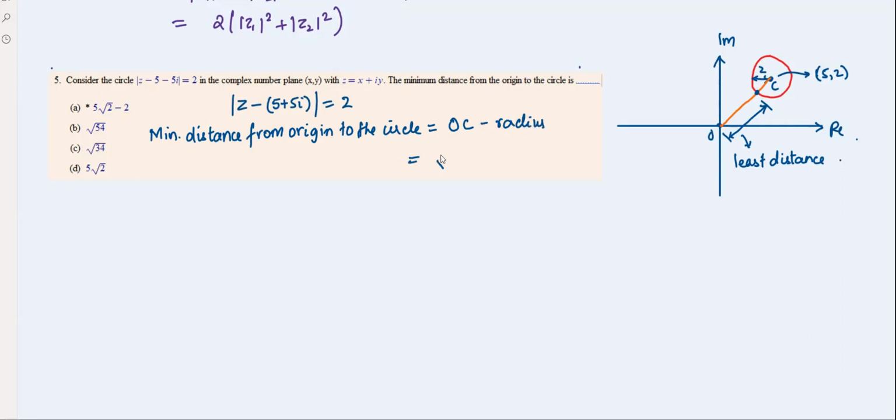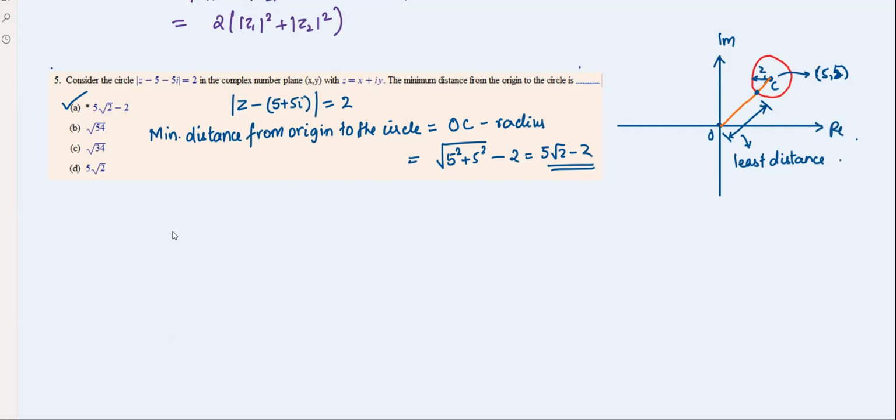Now OC is under root of 5 square plus 5 square, the distance between origin and 5 comma 5, which is under root 5 square plus 5 square, minus 2. So this is 5 root 2 minus 2. This is the answer.